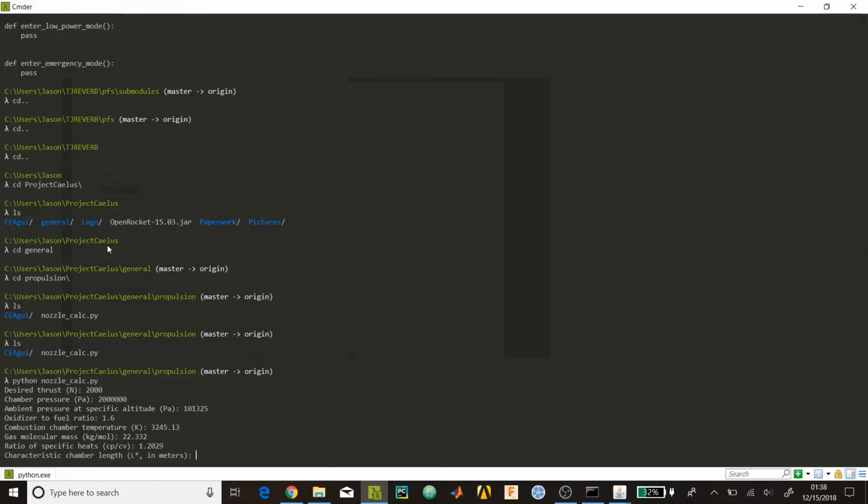Characteristic chamber length. Normally, this is a characteristic that defines the volume of your combustion chamber. Like, how big does it have to be to achieve complete mixing and combustion? And normally this is just a function of the propellant combination itself. So you just kind of have to Google it. You can search some databases.